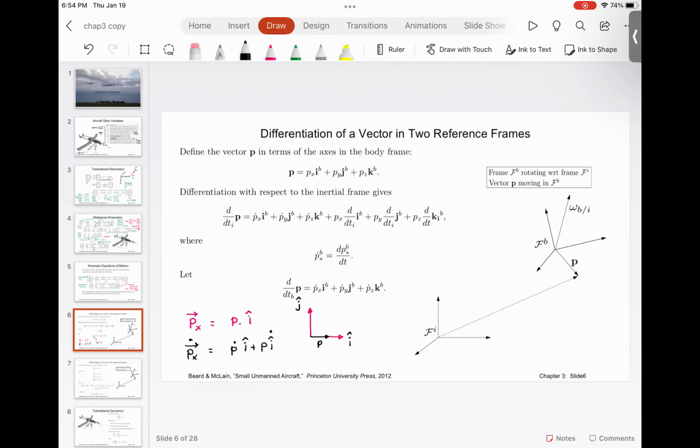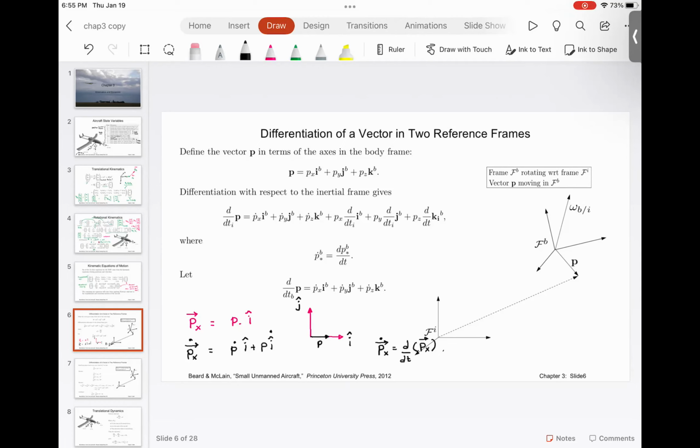So P dot x is nothing but d by dt of Px. This has two components. First, I need to take the derivative of the magnitude, and then I need to take the derivative of the vector.